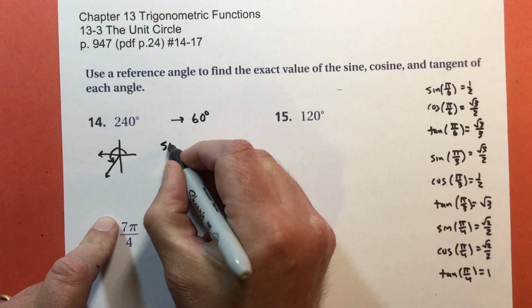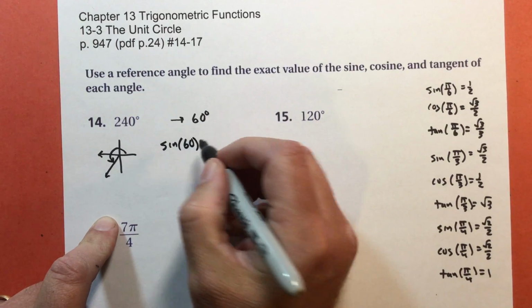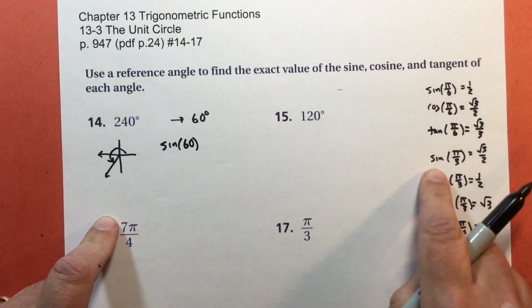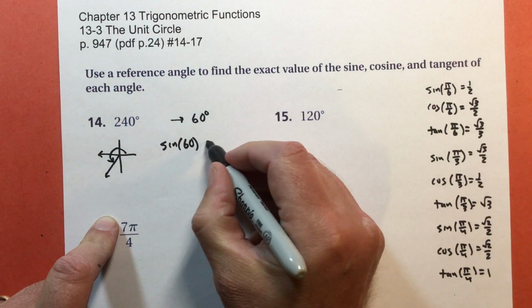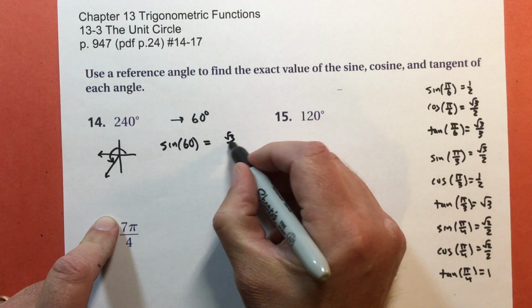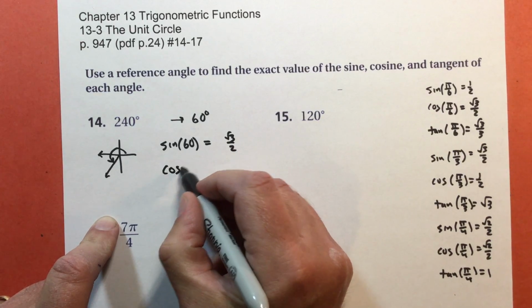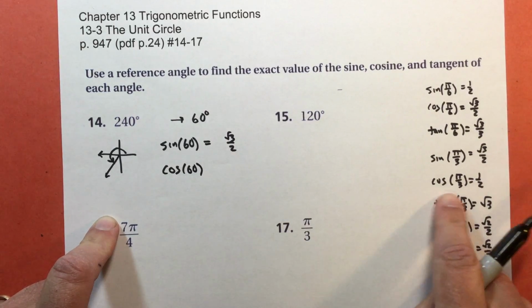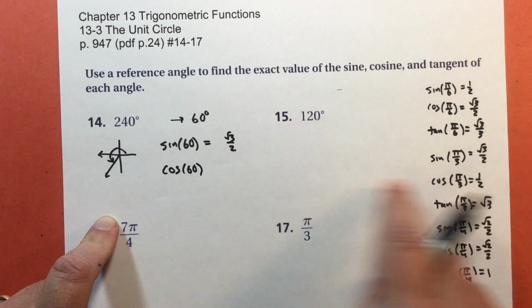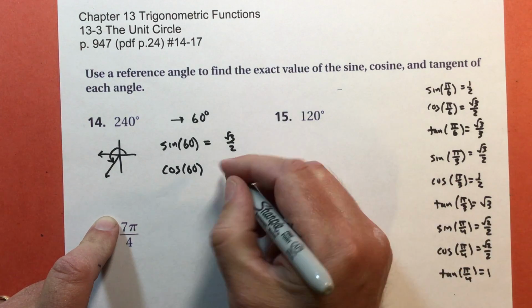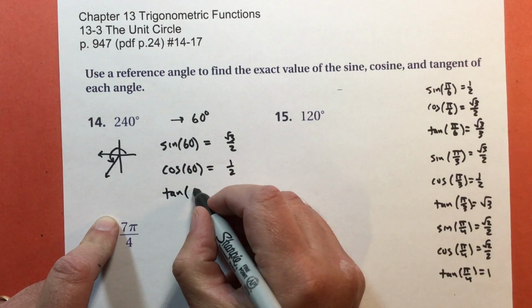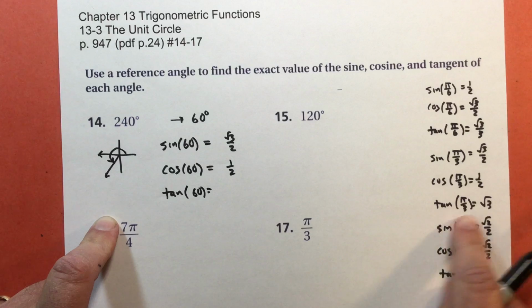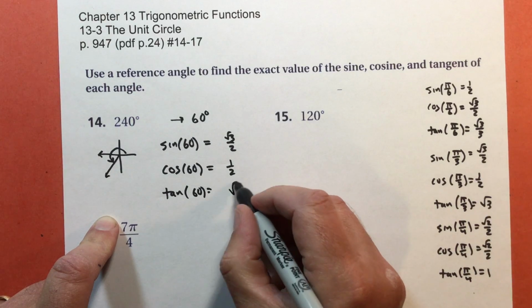So sine of 60 degrees, which is pi over 3, is square root of 3 over 2. Cosine of 60 degrees, and again, I've got degrees here, radians here, but they're the same, is 1/2, and tangent of 60 degrees is square root of 3.